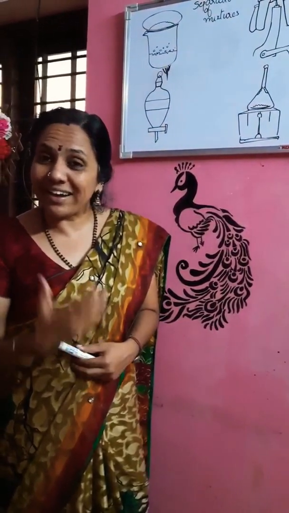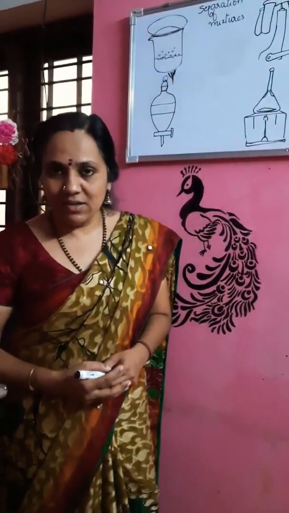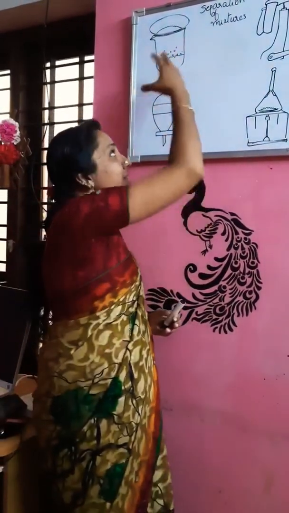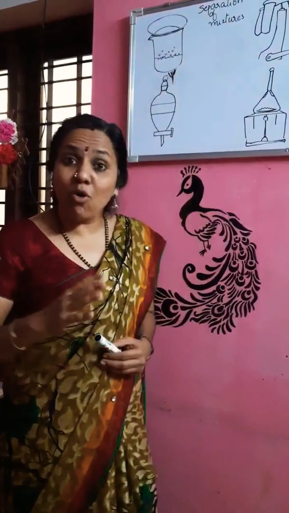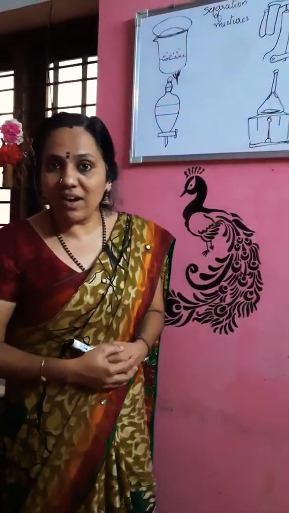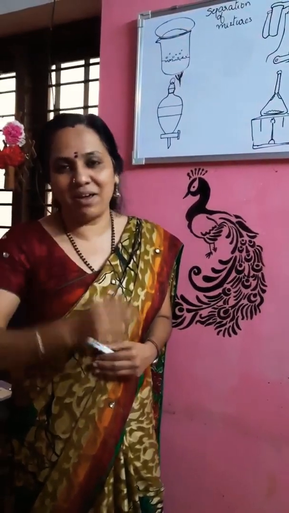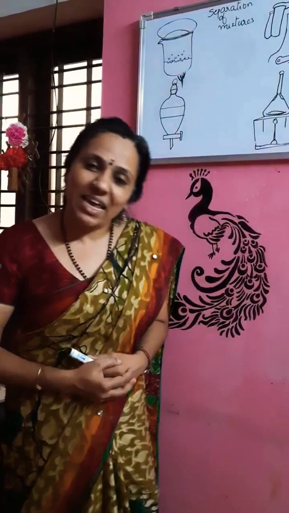So we are not directly heating the ink, we are indirectly heating the ink. So what will happen now? When the heat reaches that ink, the more volatile solvent will disappear or evaporate. So what will remain there? The dye or that coloring agent, which is less volatile, will remain there. That is the principle behind evaporation.